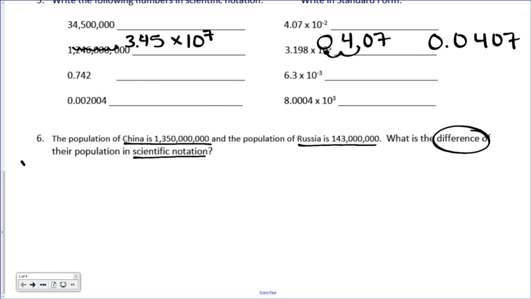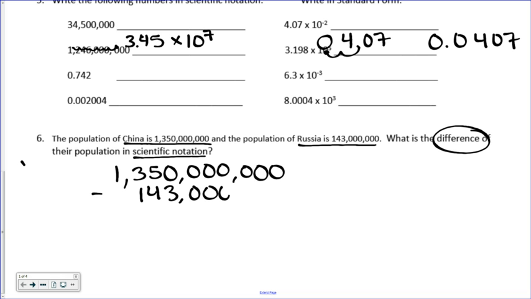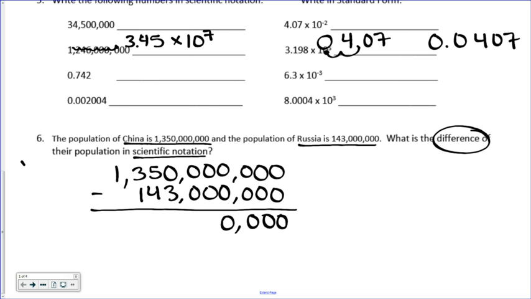So line up your place value. We have 1,350,000,000 minus 143 million, and you should be left with 1,207,000,000.